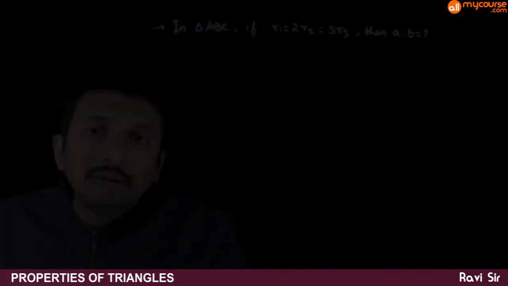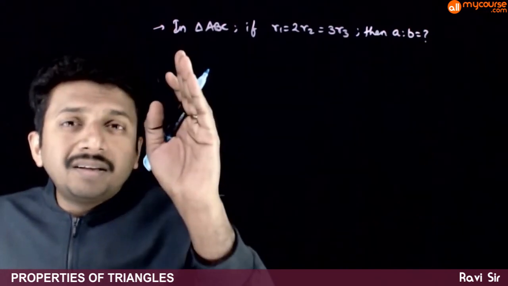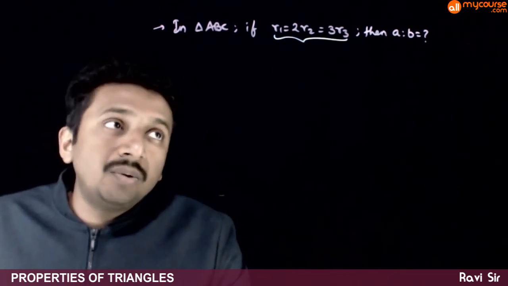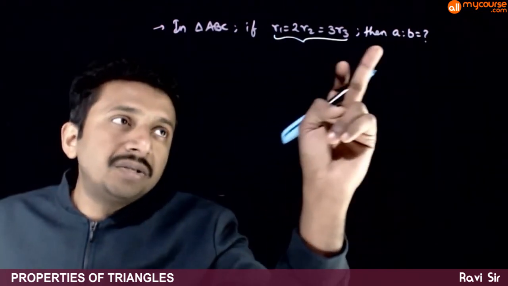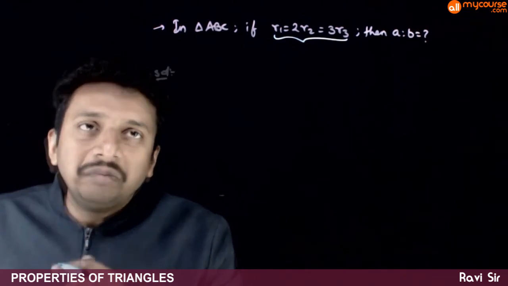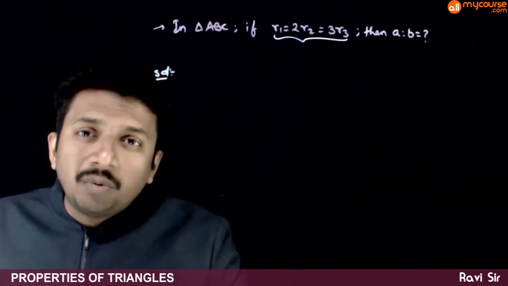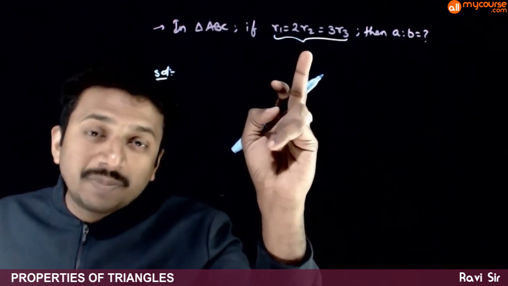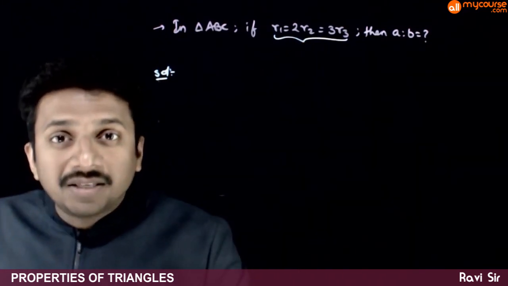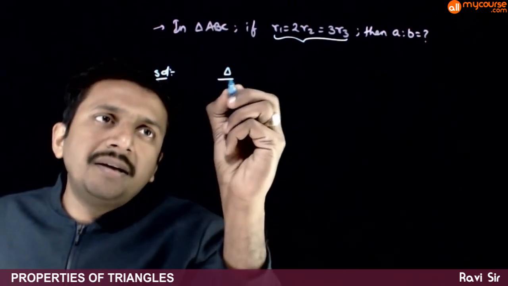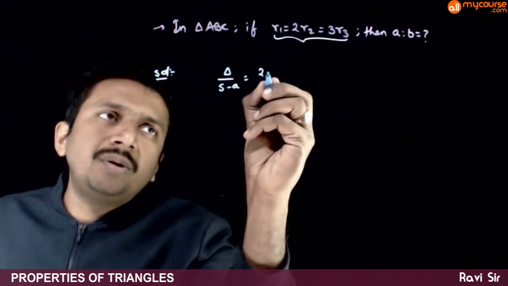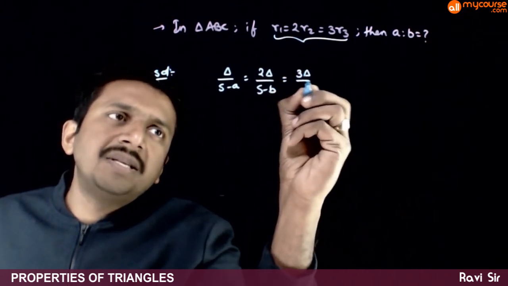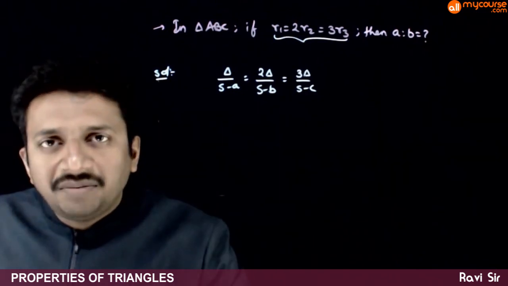Thank you. So in this question, you're given that in a triangle ABC, R1 is equal to 2R2 is equal to 3R3. If that is so, what is a is to b is to c? So what can we write from this equation? We know that R1 is delta by (s minus a), R2 is delta by (s minus b), and R3 is delta by (s minus c). So delta by (s minus a) is equal to 2 times delta by (s minus b) is equal to 3 times delta by (s minus c).